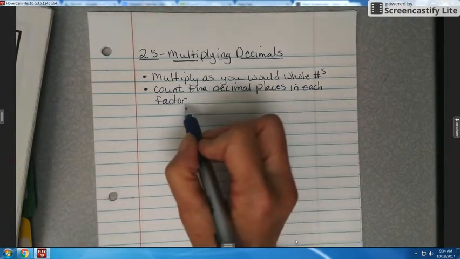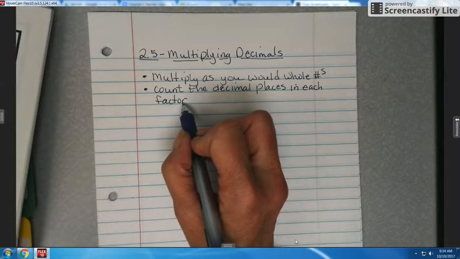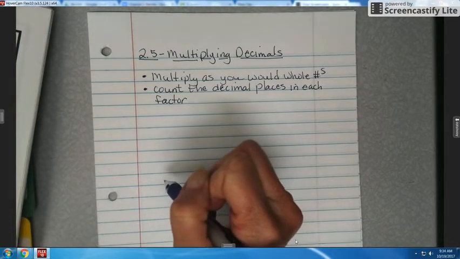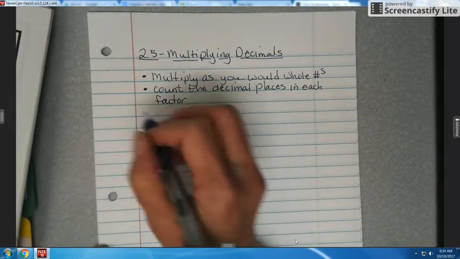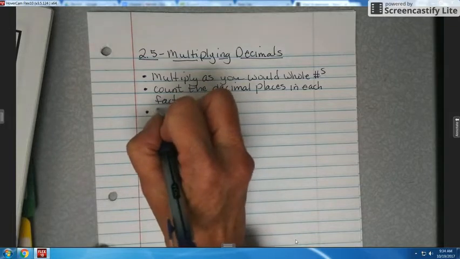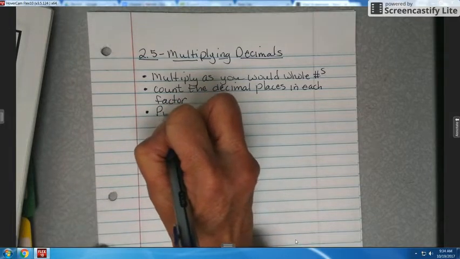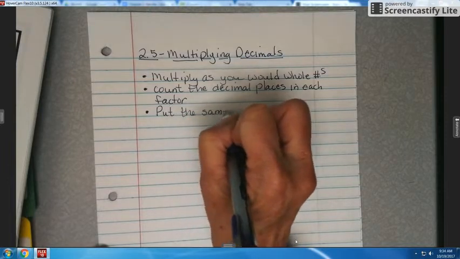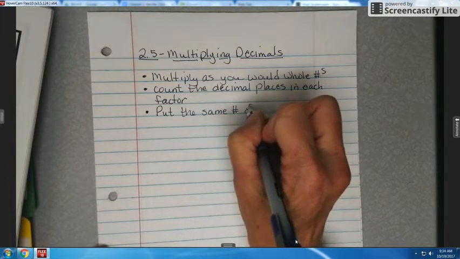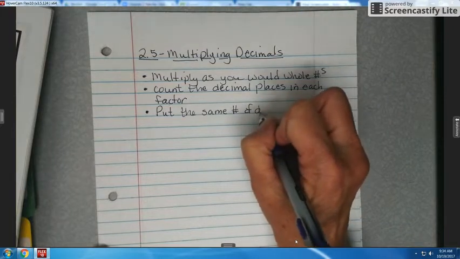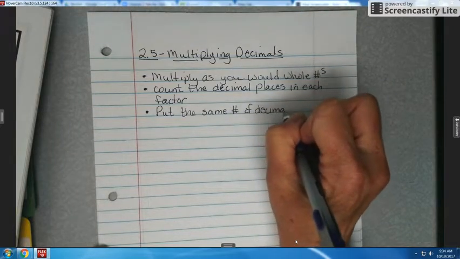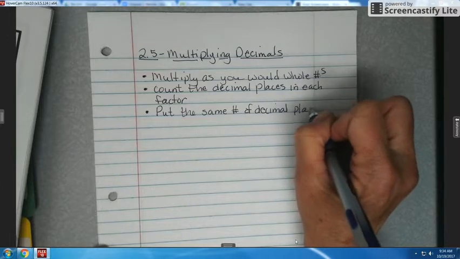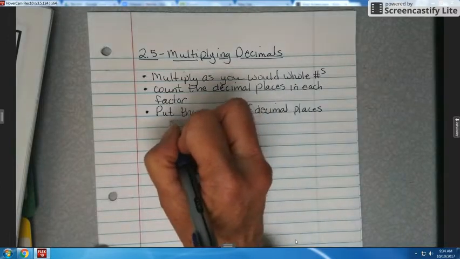Remember, factors are the numbers you are multiplying together. Then you're going to put the same number of places, decimal places, into the product.